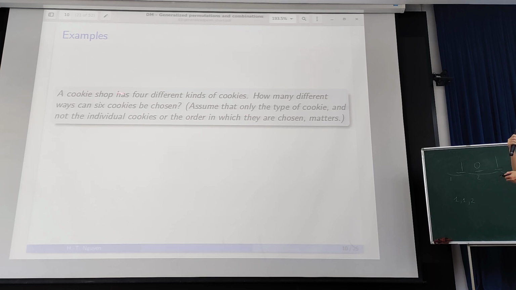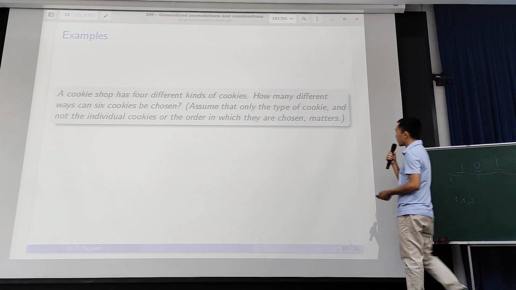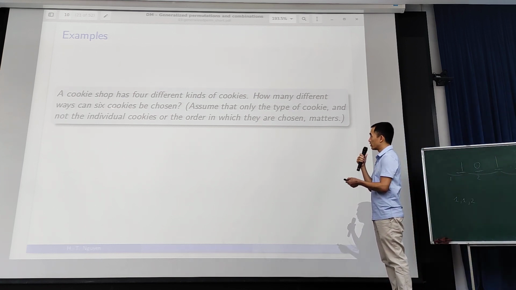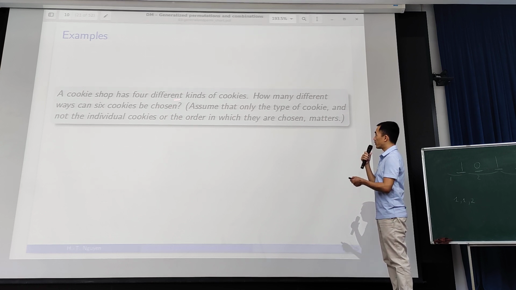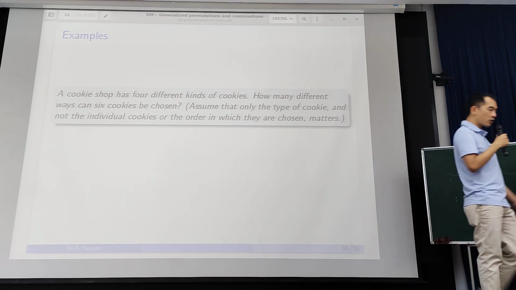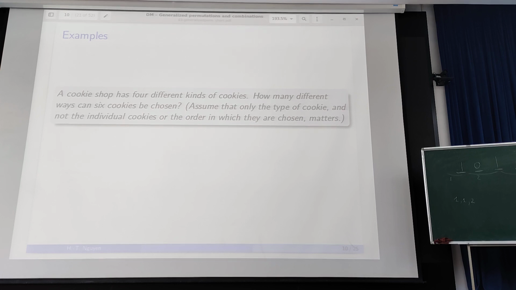But of course, the important thing is that you determine in this kind of setting which are the balls and which are the boxes. So here you have 4 different kinds of cookies, and you want to buy 6 of them. How many sets of 6 cookies can you choose, if you have 4 different kinds and you assume that cookies of the same kind are the same?